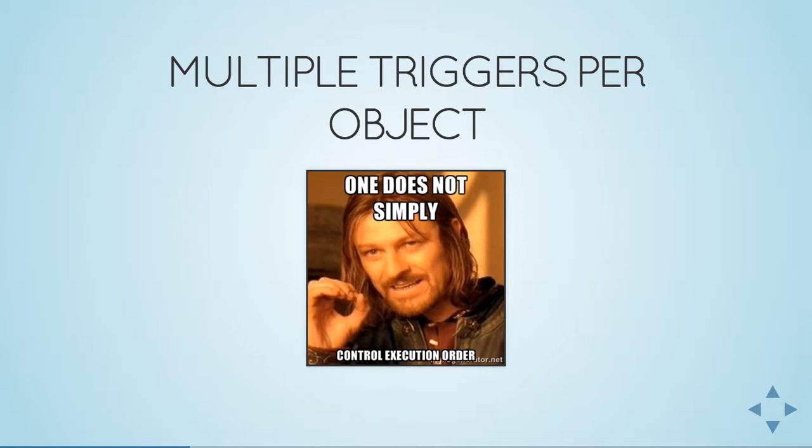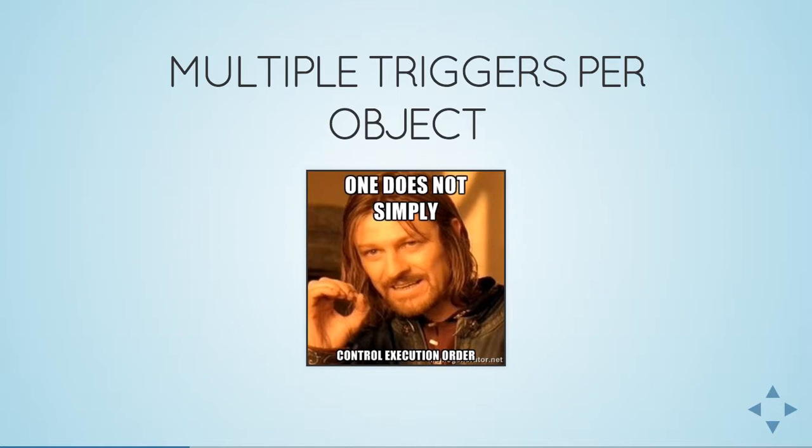It can be a maintenance nightmare if you have all these different Apex triggers, such as account trigger 1, account trigger 2, account trigger 3. All your logic lives inside them. You don't really know what they do anymore. Because of scope creep and things like that, more and more logic is being stuffed into specific triggers, and you can run into problems where you don't know the execution order of the triggers.